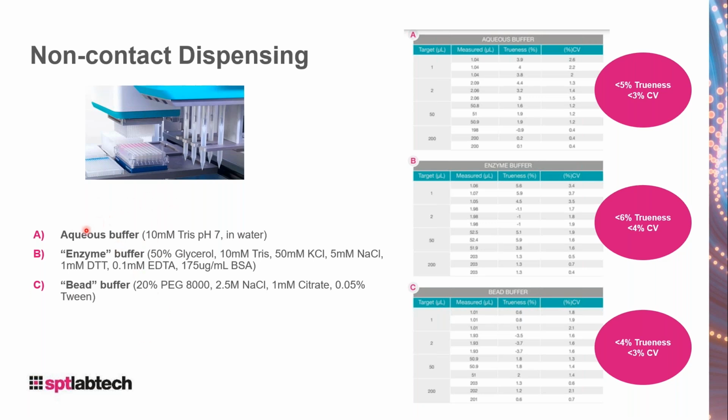So we looked at some buffer and also some other more challenging reagents, which we called enzyme buffer and bead buffer. These had high concentrations of either glycerol or PEG in them. So these reagents are more similar in composition to those that are typically used for next generation sequencing library preps.